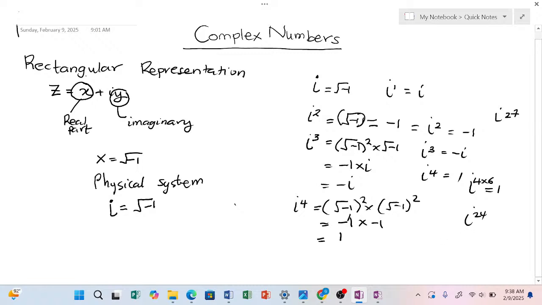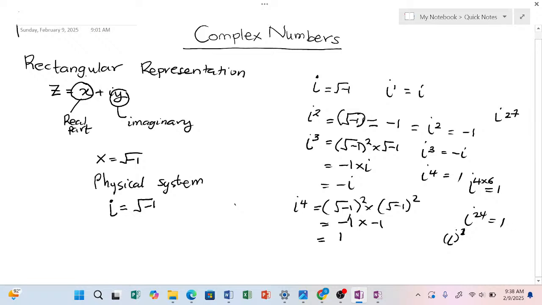So i to the power 24 is what? 1. Then i to the power 25, we just add an i to it.